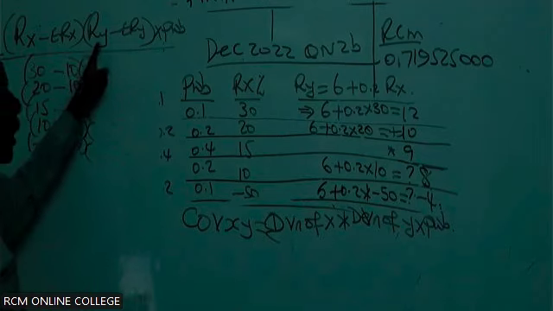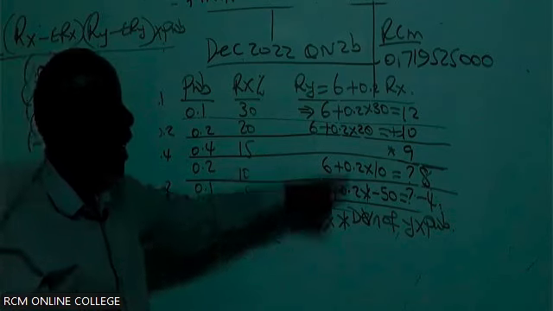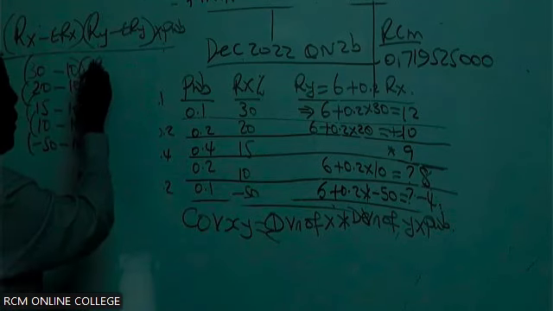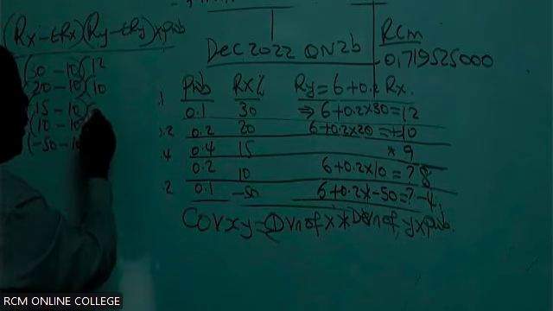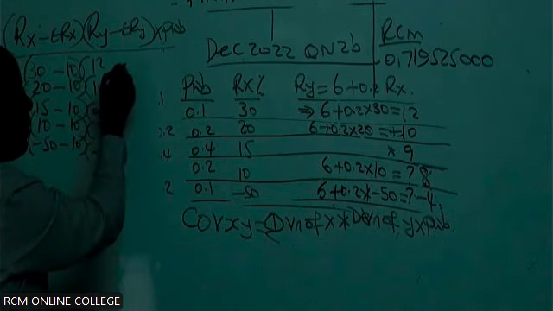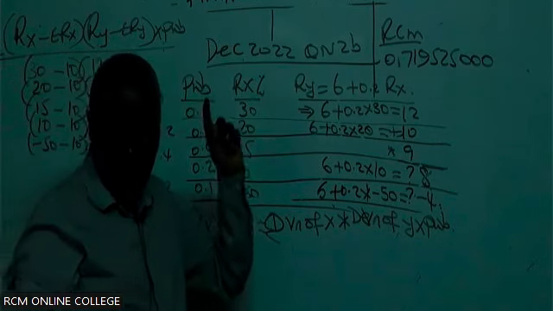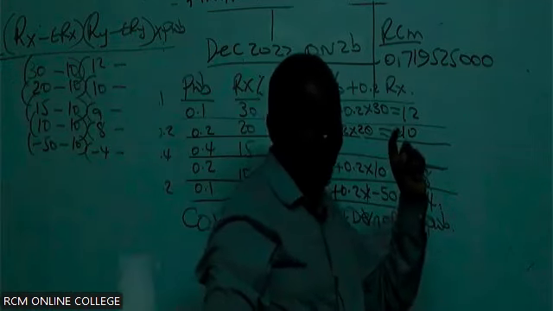Then we come to the actual returns of Y: 12, 10, 9, 8, minus 4. The expected return of Y, which we got in number 1, was 8.